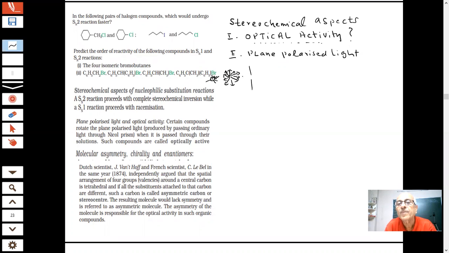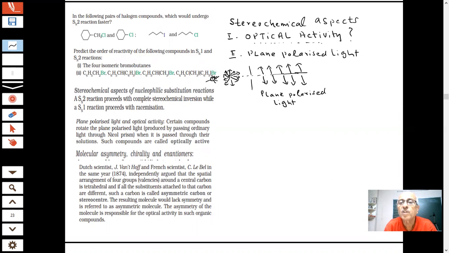I get this type of light, vibrating only in one direction, up and down. It is called plane polarized light.